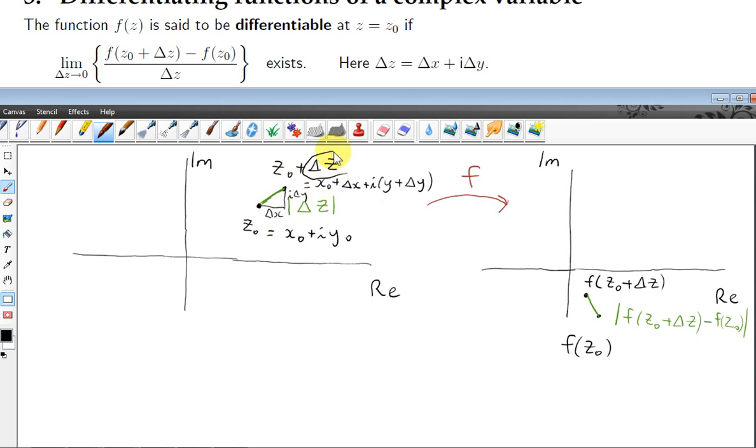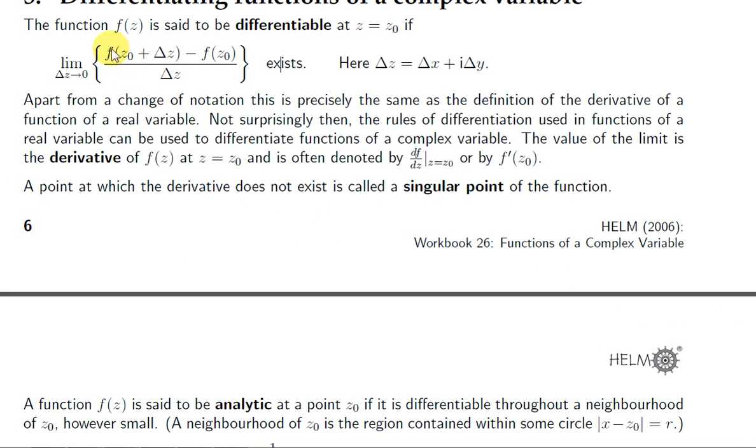So that's the same thing as adding on delta x plus i times delta y to the complex number z0. Now here we're getting the derivative of f of z at a particular value, z0. So we can write that with the familiar notation df dz at z equals z0, or f prime of z0.